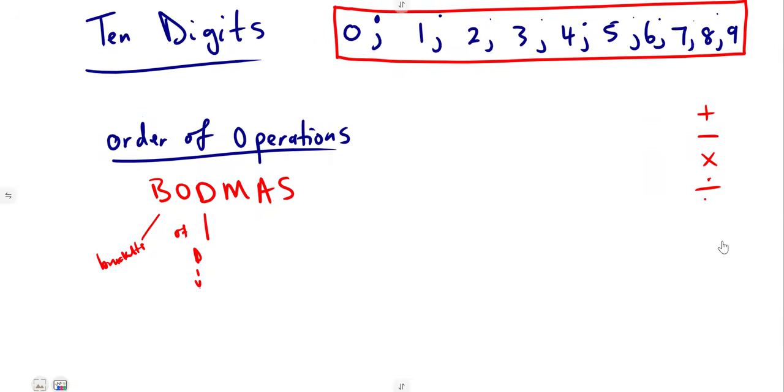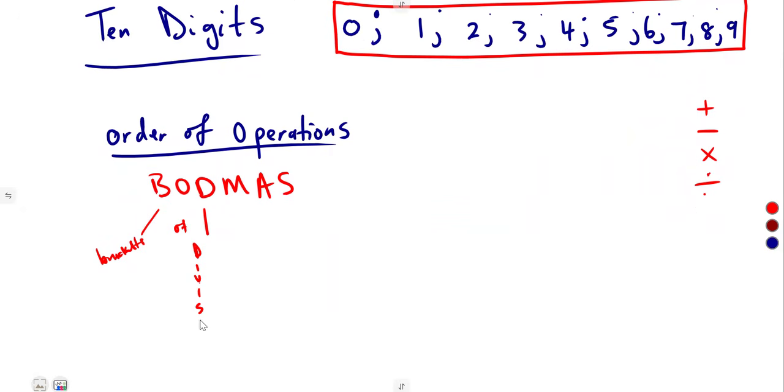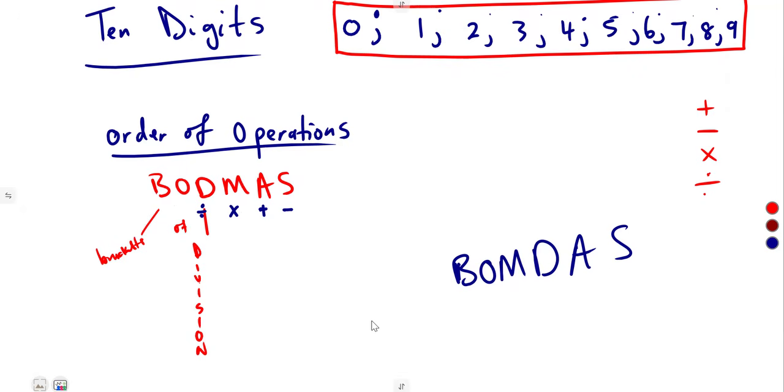Let me put it this way. Division. Then we have multiplication, just for the sake of time. Division, multiplication, addition, then subtraction. So it's brackets, of, division, multiplication, addition, subtraction. Some use bomdas.